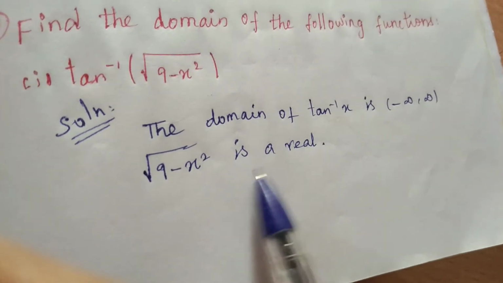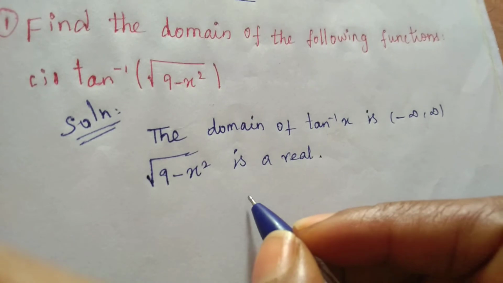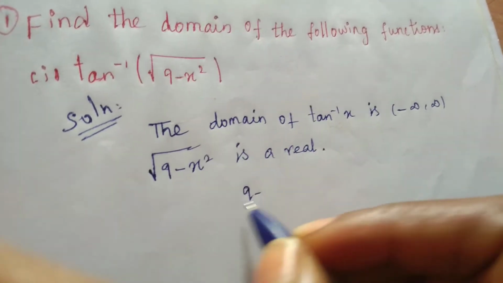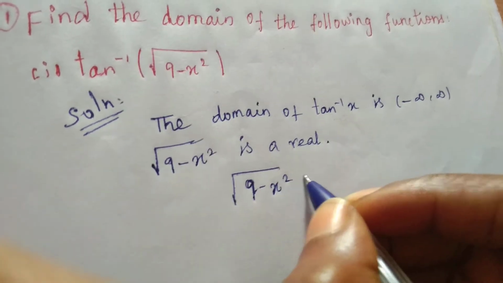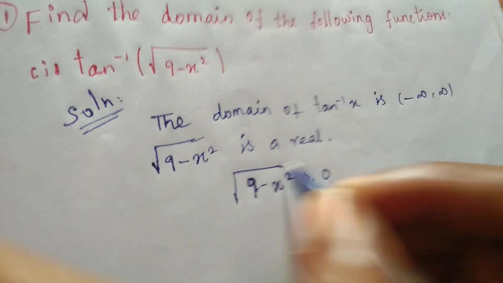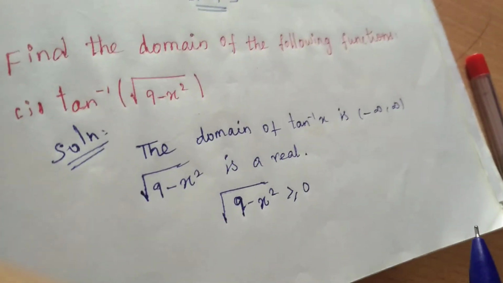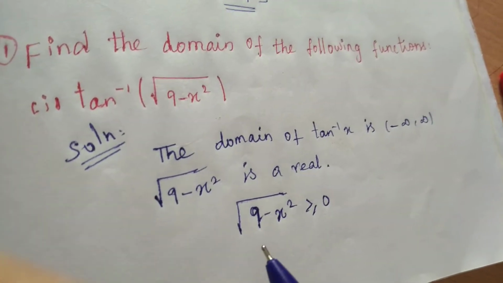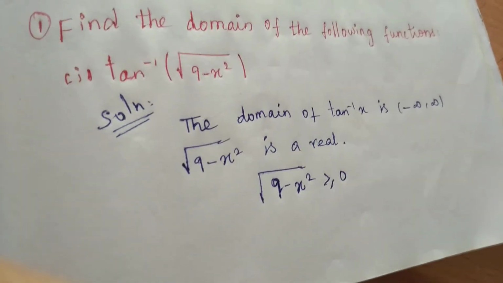So for the real value, the function is greater than or equal to 0. Therefore, square root of 9 minus x square is greater than or equal to 0, because the function is real.